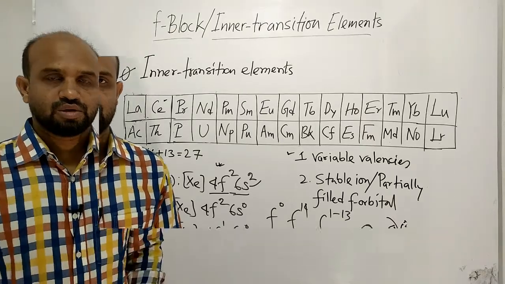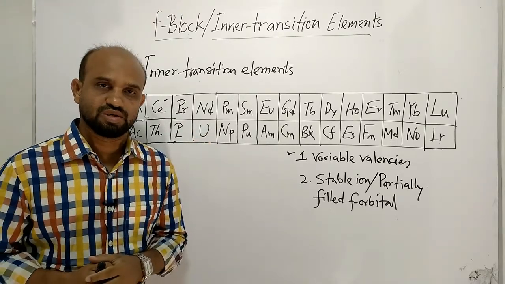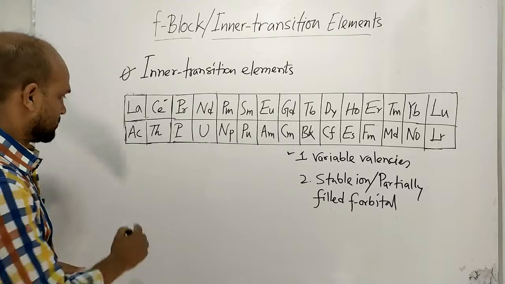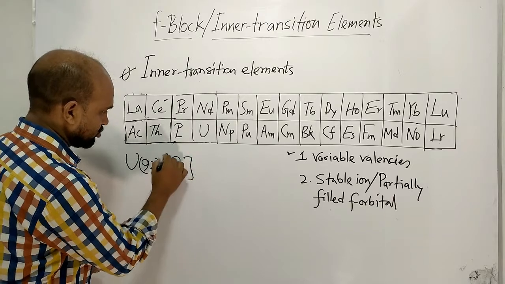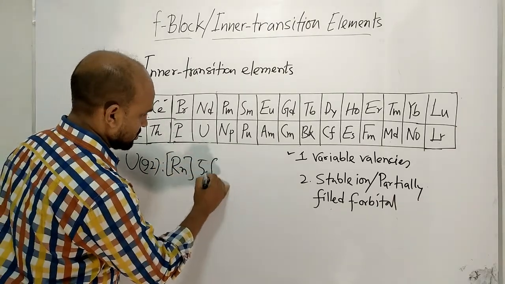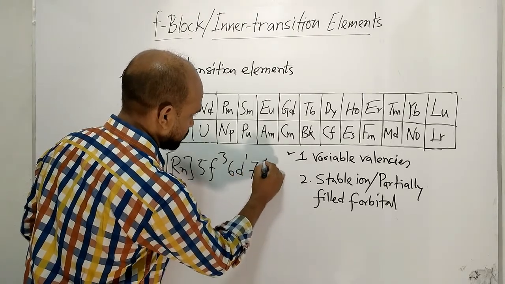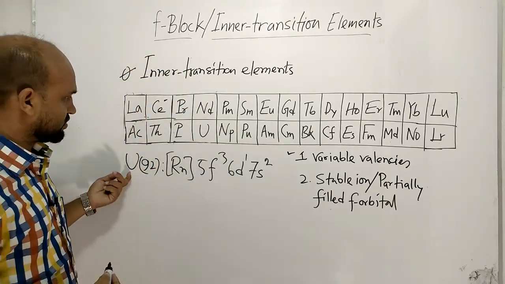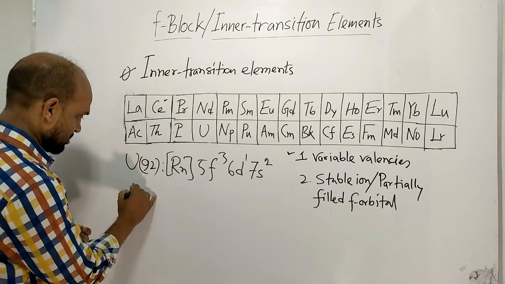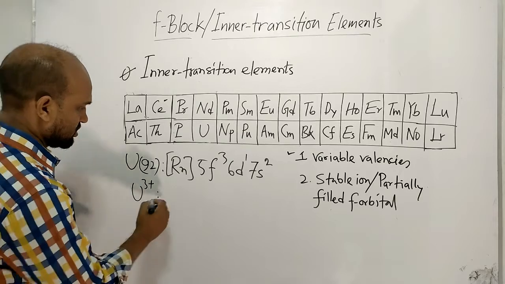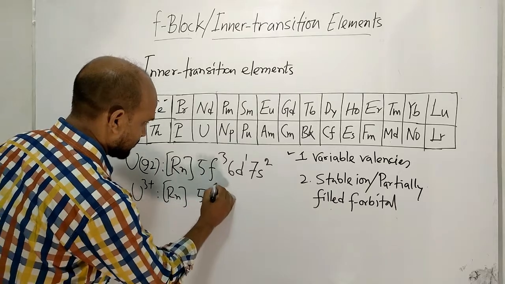Let's see another example. Now let's see whether this one, uranium, is transition or not. Uranium atomic number is 92. Let's see electronic configuration of uranium. This is radon. Now 5f3, 6d1 and 7s2. This is the electronic configuration of uranium 92. The ions of uranium: first of all 3 plus, that means radon, then 5f3.